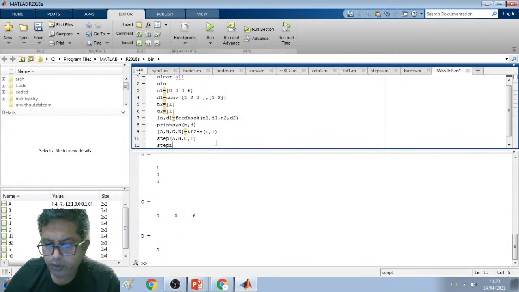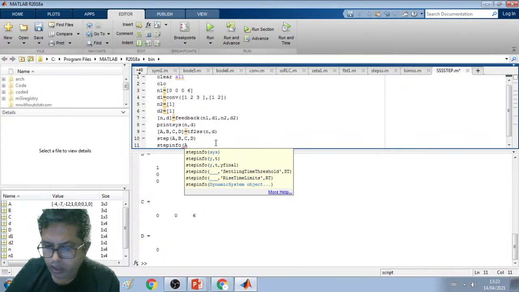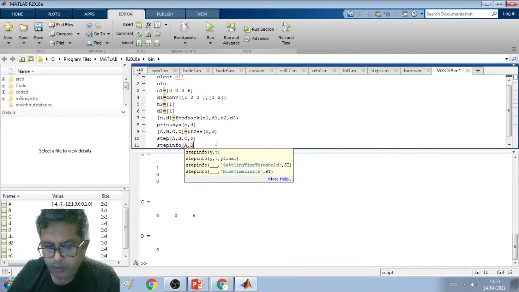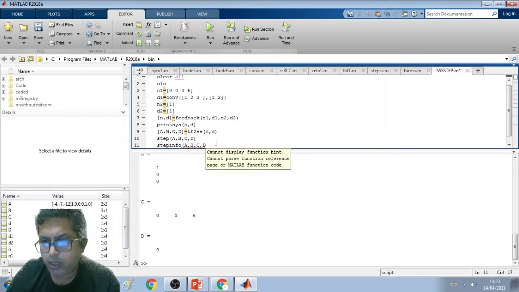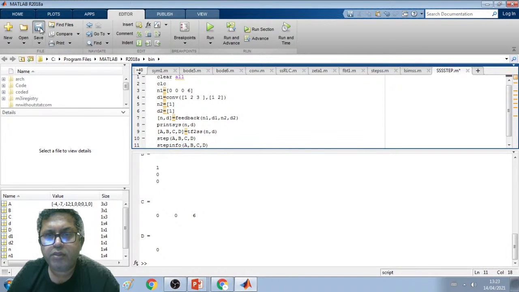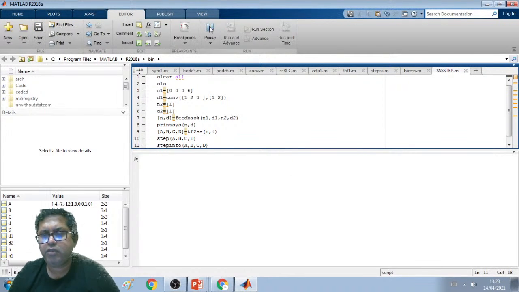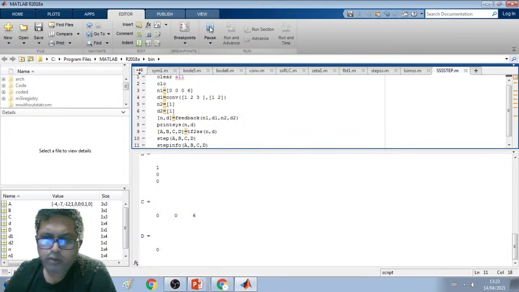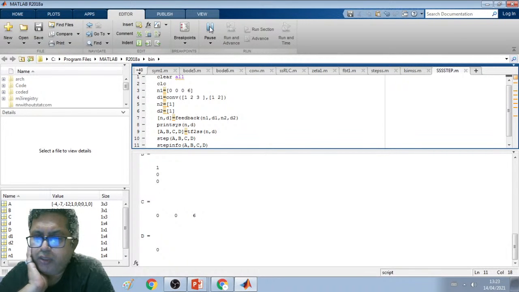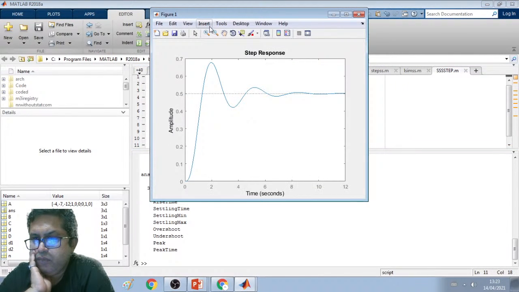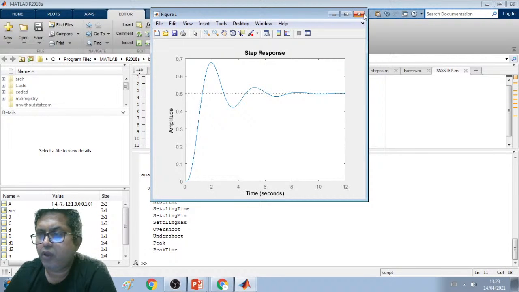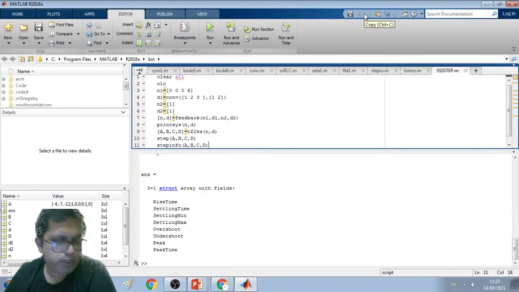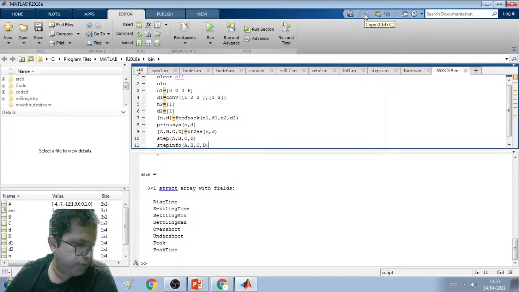You can find step info of A comma B comma C comma D. Save this, run this, you will get step information. This is using steady state.